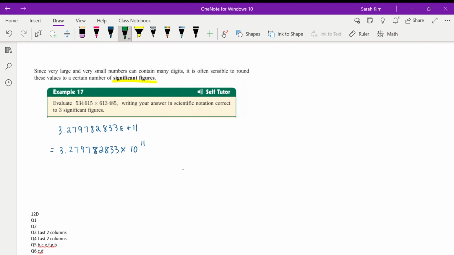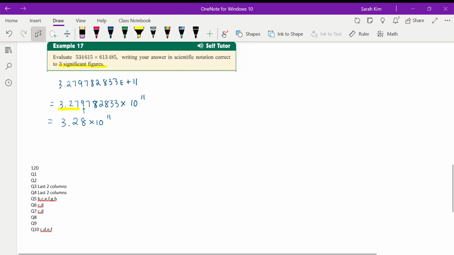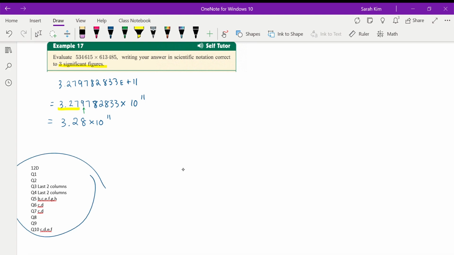Now, I only want 3 significant figures, that's what the question says, meaning just 3 digits. So these are the 3 digits. I have to look at the next one and decide if I round up or down. It's a 9, so I'll round up. This is the answer that it wants. You should now be able to do all of these questions. Alright, and check answers.